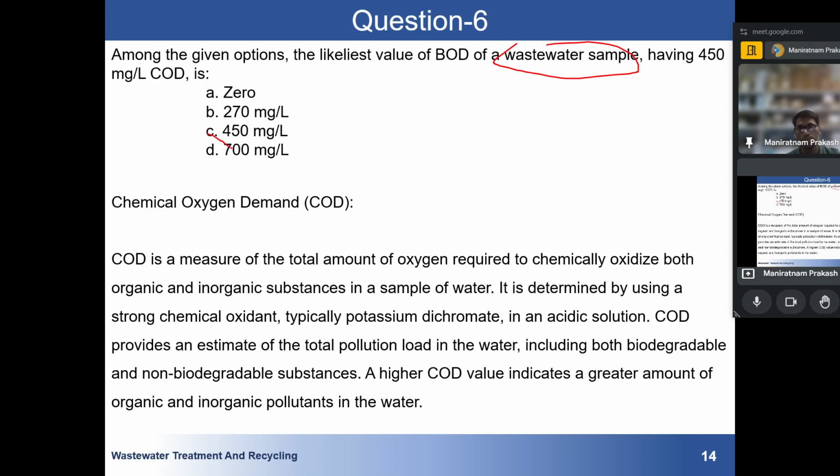So the answer will be 270. Someone can mark 450 also, but it is a very rare case that COD is equal to BOD. That would happen only where there is no inorganic or non-biodegradable material, but in wastewater there will be both biodegradable and non-biodegradable.